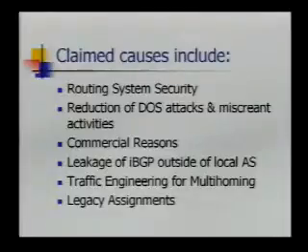And of course I get all the justifications, which include routing system security, reduction of DOS attacks and miscreant activities, commercial reasons, and leakage of IBGP outside the local AS, which some people seem to think is a wonderful idea. Oh yes, traffic engineering for multi-homing causes all the deaggregation we see today. And as Jeff has probably talked about many times before, it's not only just that. Legacy assignments are also a favorite blame topic.